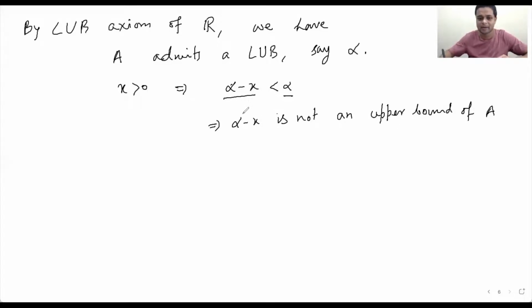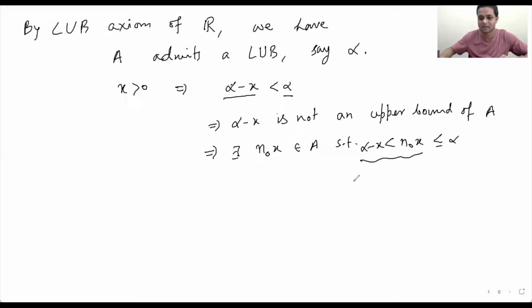So any number which is less than alpha cannot be an upper bound of A, because alpha is the least upper bound. This implies there exists some element, which we denote by n naught x, in A, such that n naught x is less than or equal to alpha, and this is strictly greater than alpha minus x.